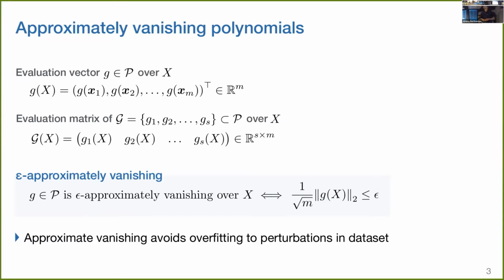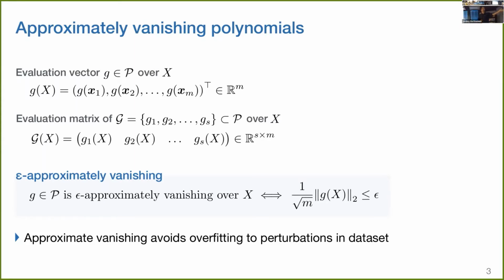What is the motivation for exactly this scaling to make it approximately vanishing? Which scale, this one? You have 1 over root m, and then the 2 norm. Yeah. Intuitively, we want to say that if polynomial g takes a small value for every single point, then we want to see it as an approximately vanishing polynomial.